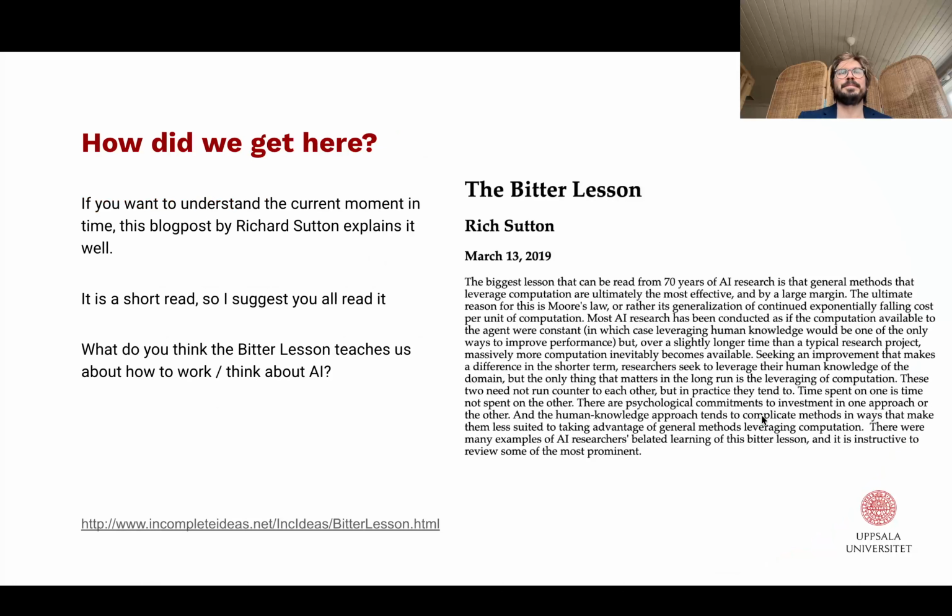And I think if you want to understand how we get there and the paradigm and how people think, read The Bitter Lesson by Richard Sutton, which is a text explaining how to think about this. The idea is that over time, using more compute, more computing power, and more data, we get better systems. And it's a bitter lesson because we want to be clever, right?